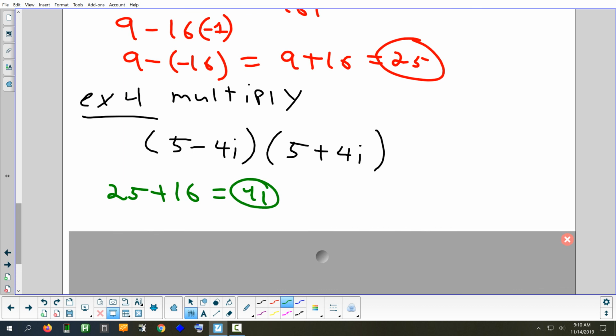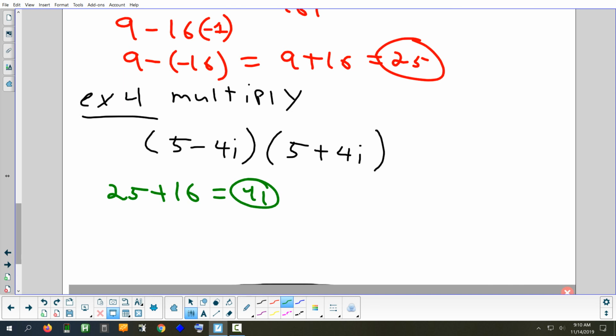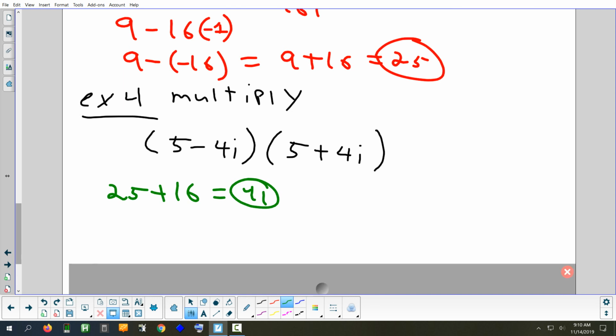So if you were to FOIL all of that out, you'd get 41. You'd waste your time with the outer and the inner, because they would just cancel. And then you'd get the i squared and deal with all that stuff. Okay? You don't have to use this trick if it messes you up. Just go and FOIL it out every time. But if you FOIL it, you will get 41. Any question on that? Does the trick work every time? With conjugates, yeah.